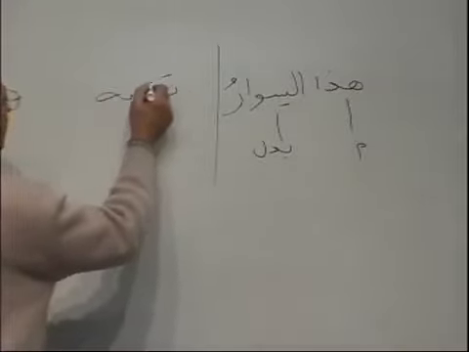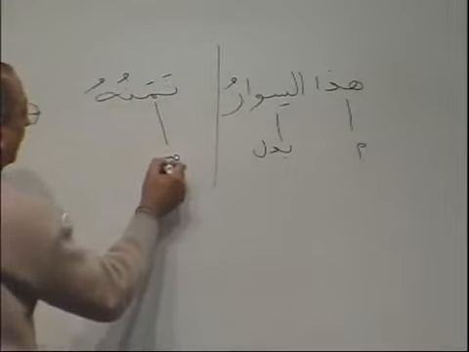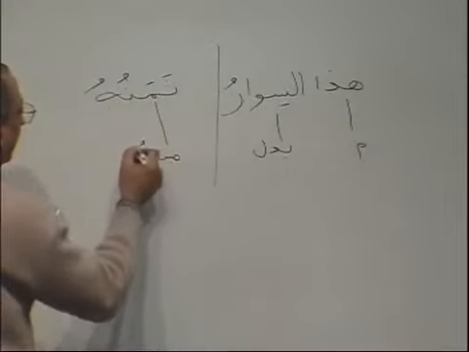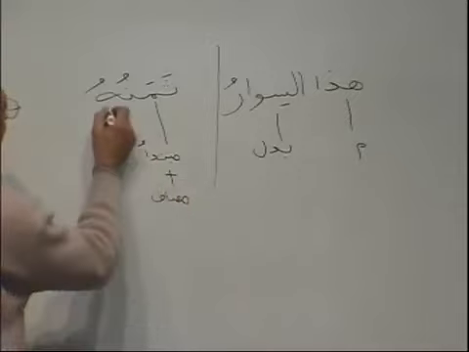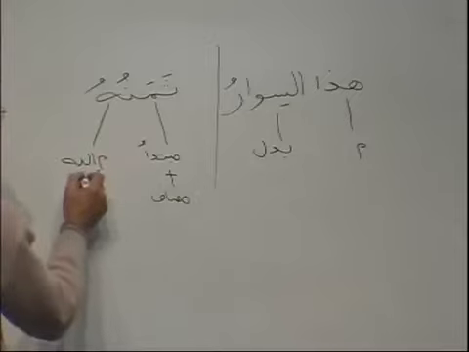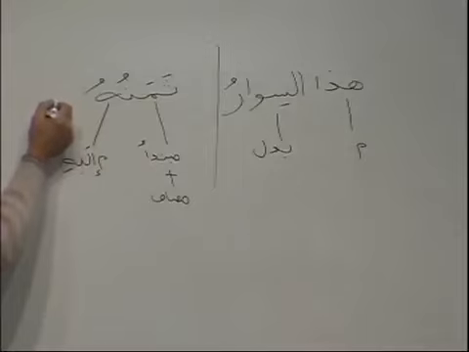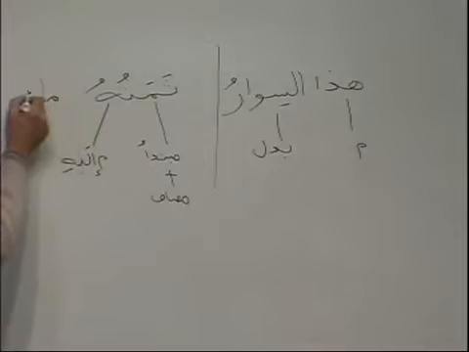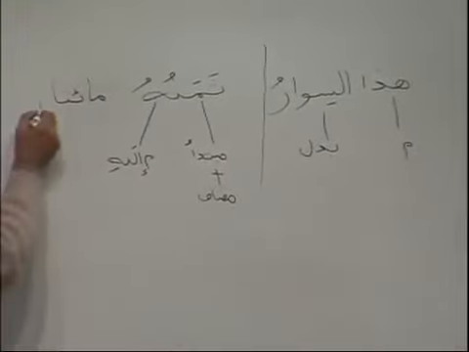Samanuhu. This is your mubtada plus mudaf. And what is this? Mudaf ilayhi. Okay, brothers and sisters? And then I'm making dual: miyata, and then riyalin.